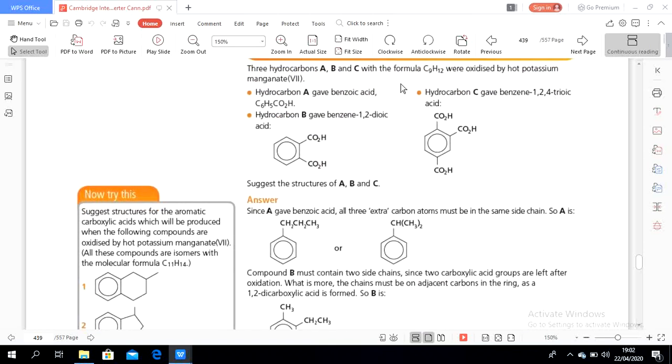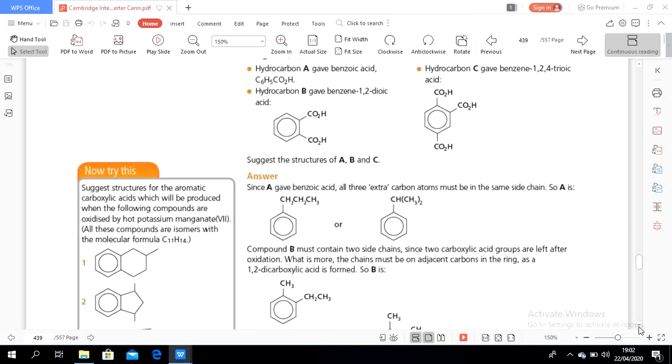Like this one, hydrocarbons with the formula C9H12 will oxidize with hot potassium manganate. Hydrocarbon A gives benzoic acid, hydrocarbon B gives benzene-1,2-dioic acid, and this one will form benzene-1,2,4-trioic acid. This is the possible structure.